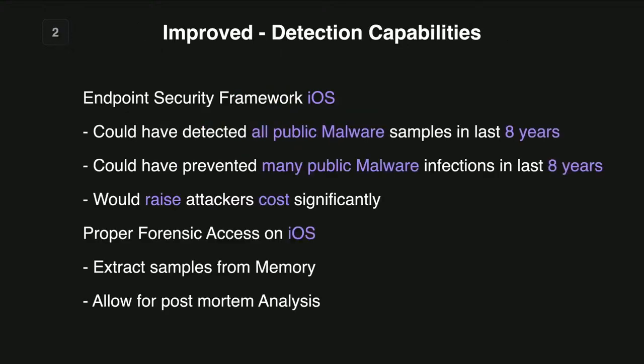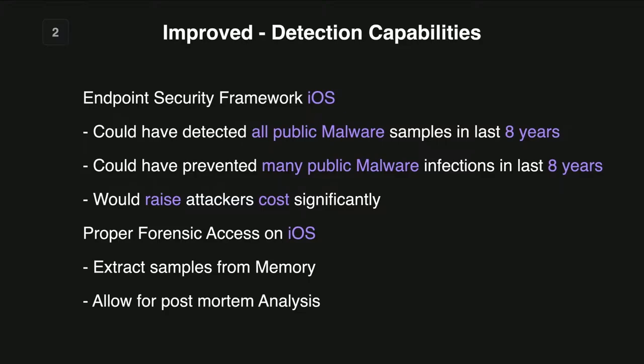This is probably the most important point: it would be really good if we could see improvements in detection capabilities. The Endpoint Security framework that is available for macOS, if we would have the same thing for iOS, I could have detected every single one of the exploit samples and binaries of the last 8 years immediately on device.